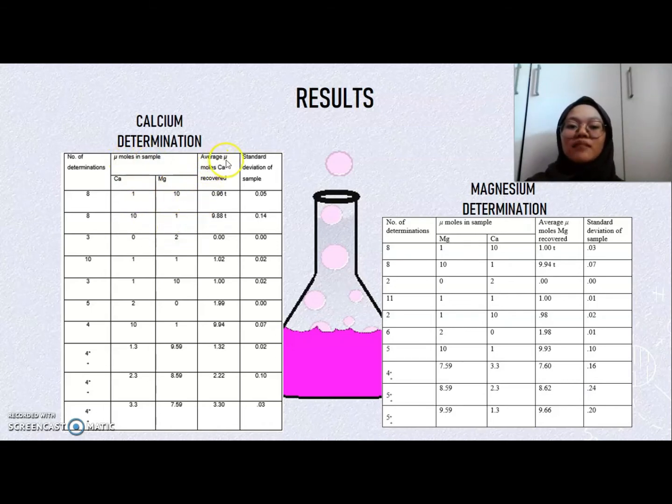Then the average micromoles calcium recovered and the standard deviation of the sample for calcium determination. For magnesium determination, there are also a number of determinations, micromoles in sample, magnesium and calcium, where the ratio is also 1 to 10 and 10 to 1, the average micromoles magnesium recovered, and lastly, the standard deviation of the sample for magnesium determination.